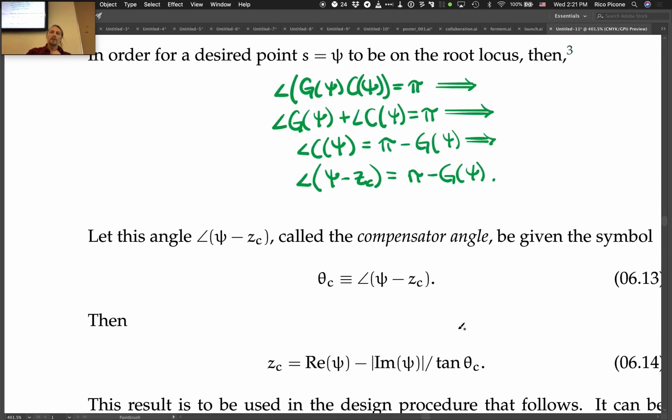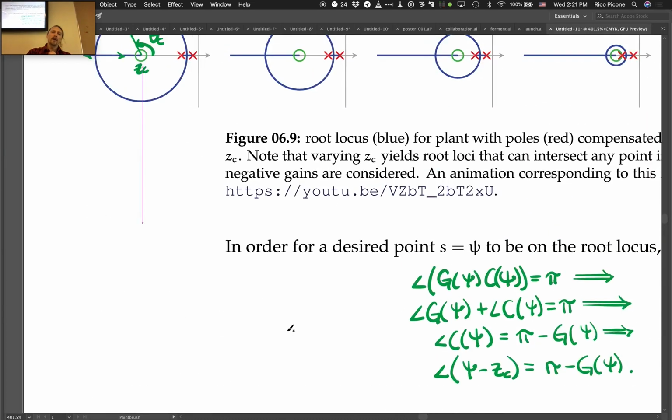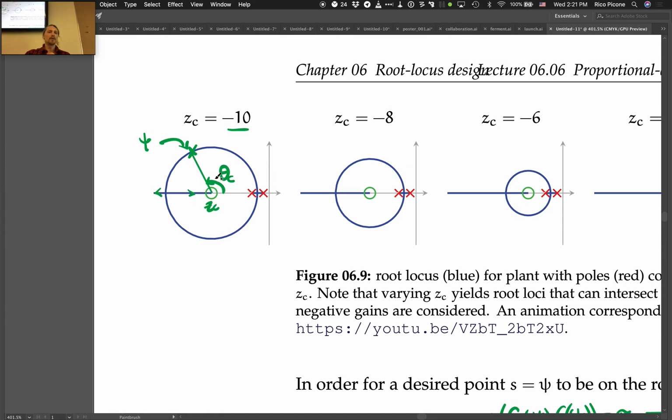And if you do the little bit of trigonometry required, very simple trigonometry, to figure out what ZC must be in order for it to contribute this angle, theta C, it's pretty straightforward.